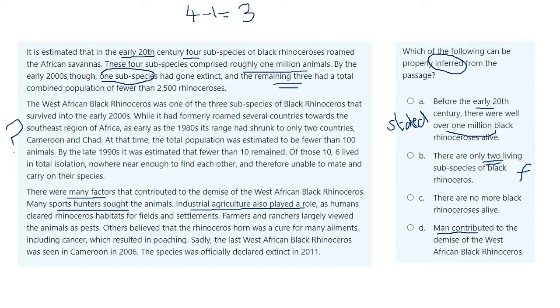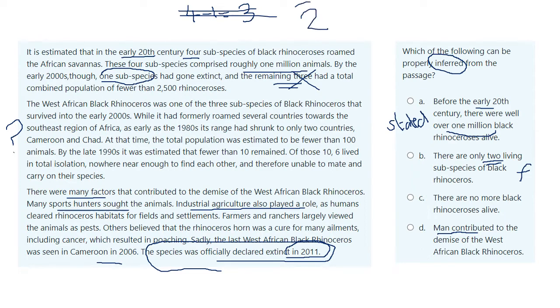Sadly, the last West African black rhinoceros was seen in 2006. The species was officially declared extinct in 2011. Well, if the species was extinct in 2011, that means that there are not 3 left anymore. There are now only 2 left. So B actually is not false.